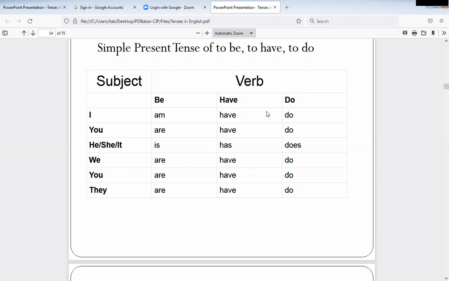Then the have form that we will use after the third person singular will be has. So the have form that we are using after the third person singular is has. He has, she has, it has. And examples are, let's see. He has a bike, or he has a sack in his hand.